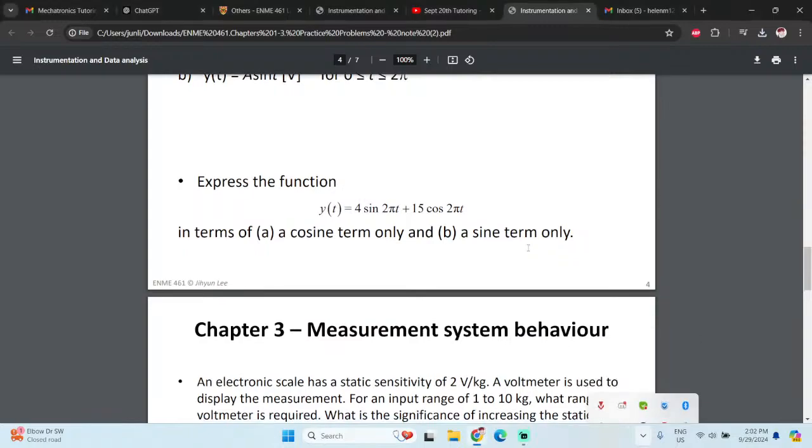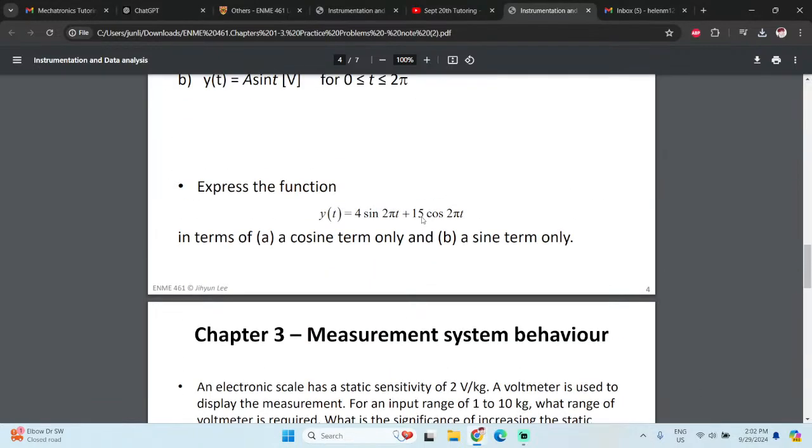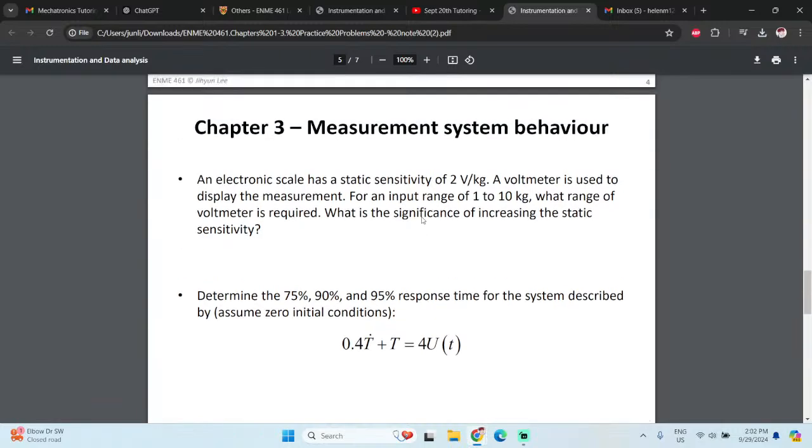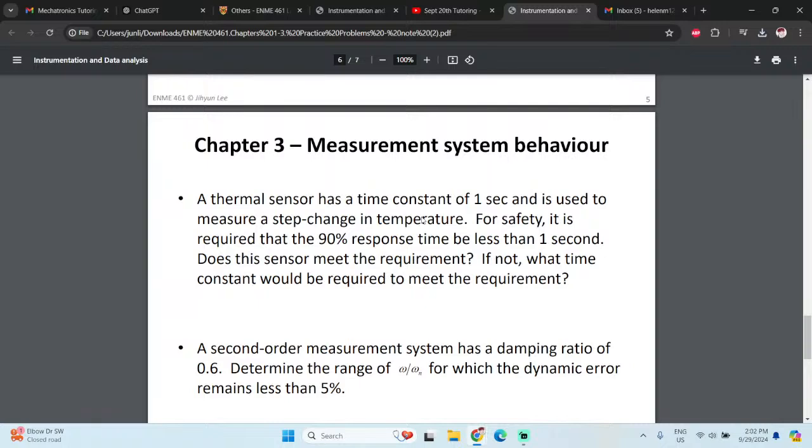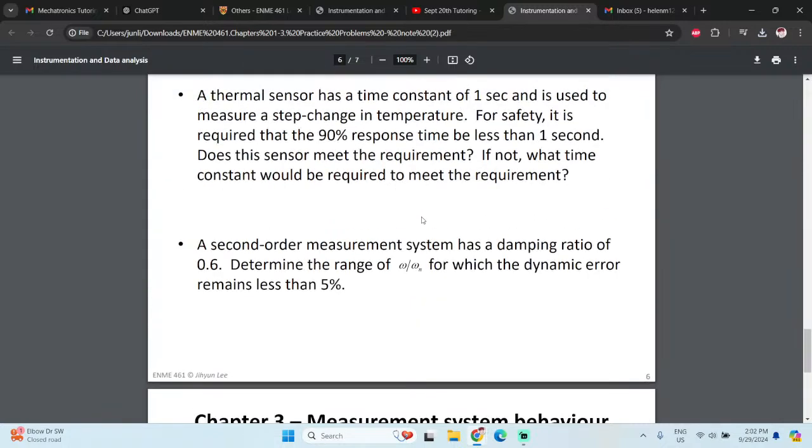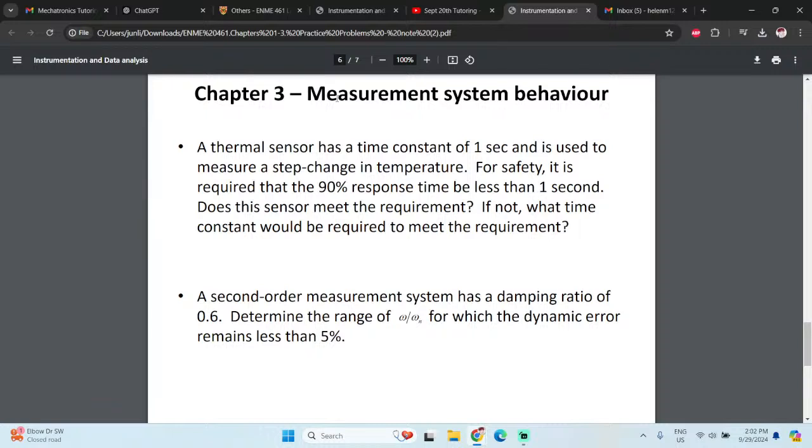For these practice problems, I want to start in chapter 3. Let's start on slide number 6, the first question asking about the thermal sensor. Measurement system behavior, chapter 3.